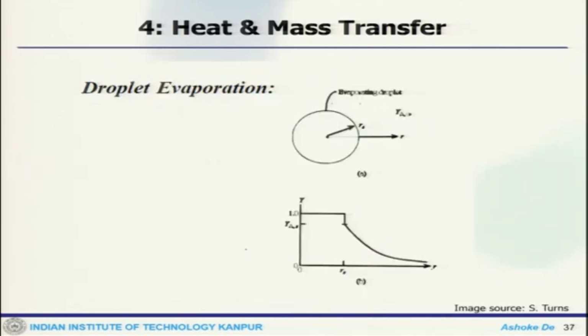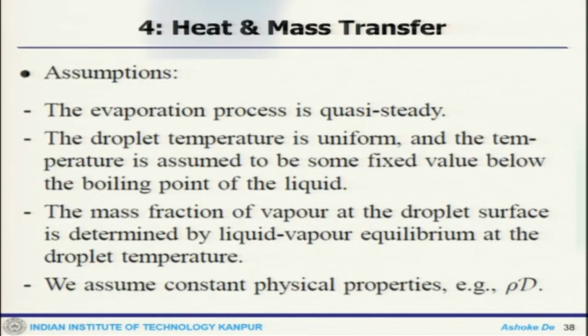So, if there is a droplet at that interface, how does that evaporate? So, this is an evaporating droplet, this is in the radial direction, with surface radius R s, and this is y A infinity, and this is how y A will vary with r. There would be some assumptions associated with that. First assumption is that the evaporation process is quasi-steady.